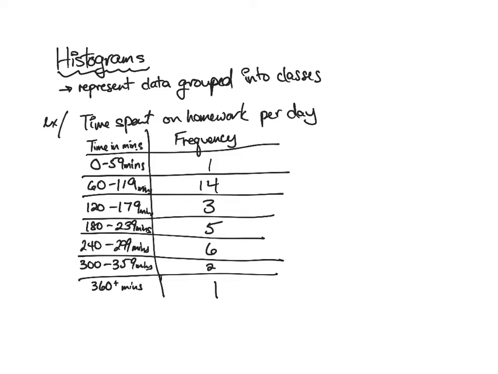So if we were then going to graph this with a histogram, you'd have many of the same things as you would have for the bar graph. So first, a title: time in minutes spent on homework.